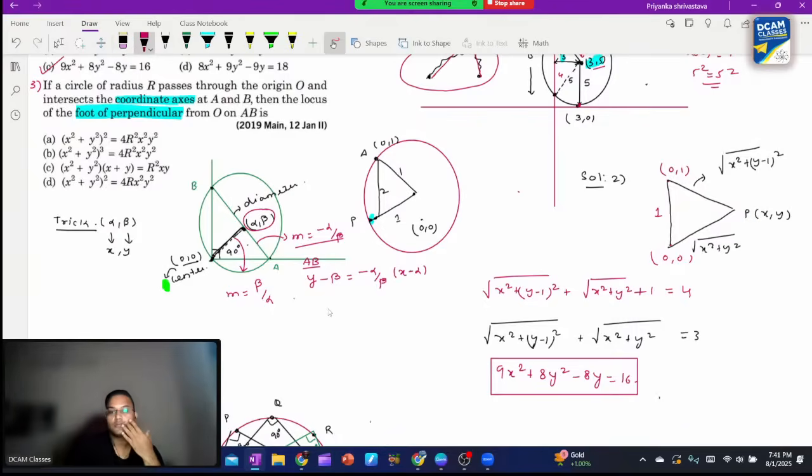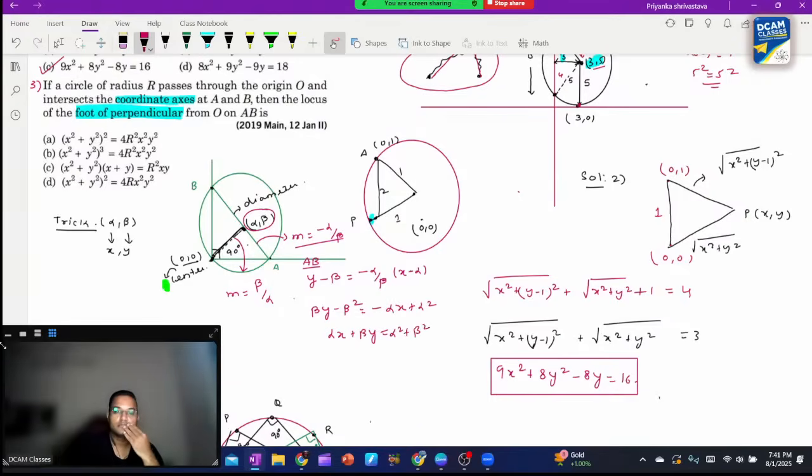So it will become beta y minus beta square is equal to minus alpha x plus alpha square. So alpha x plus beta y is equal to alpha square plus beta square. Now we'll try to find A and B, because they want it in terms of radius.